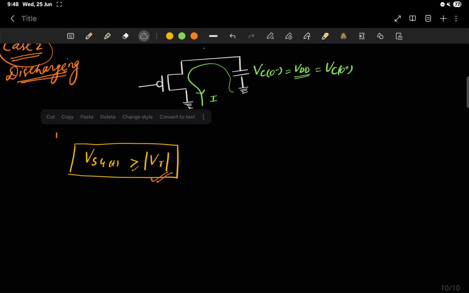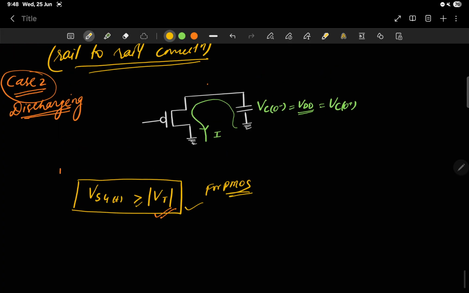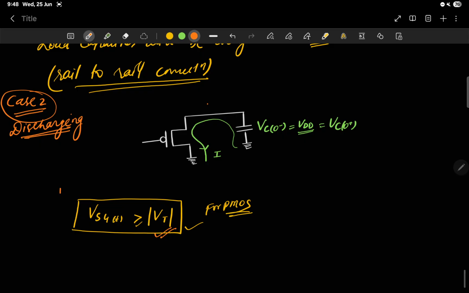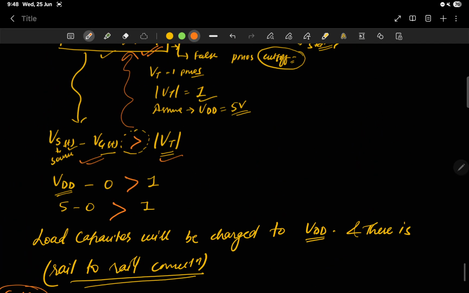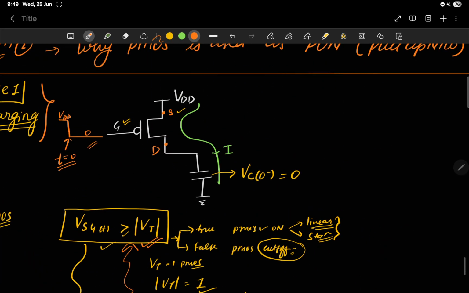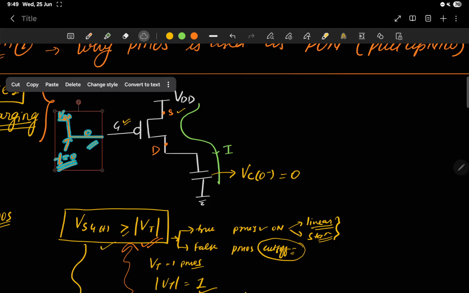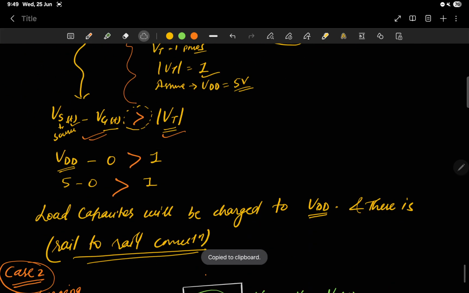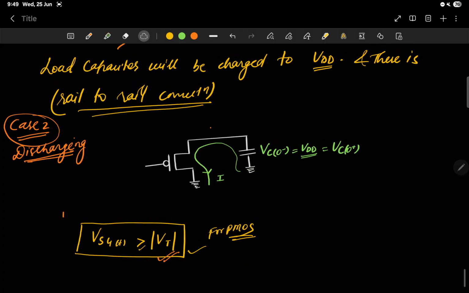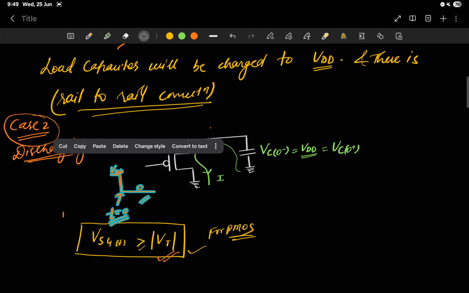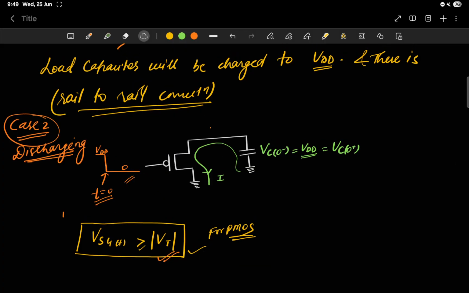Here this condition should again be true for PMOS. Now I have to apply one thing here. For PMOS to be on, we know that when we apply 0 at the gate, my PMOS gets on. So at the gate I have to apply this voltage.